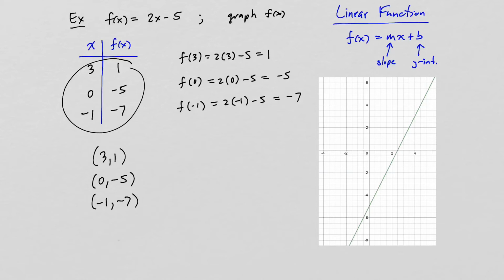So (3, 1) is here, (0, -5) is here, and (-1, -7) is here. So we can verify that those 3 points do make this line.